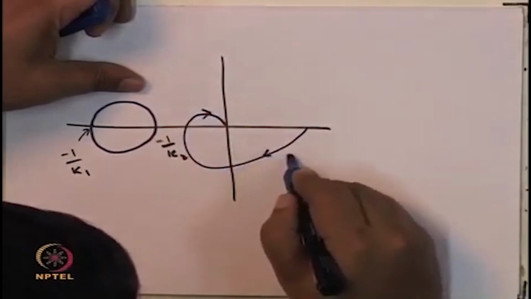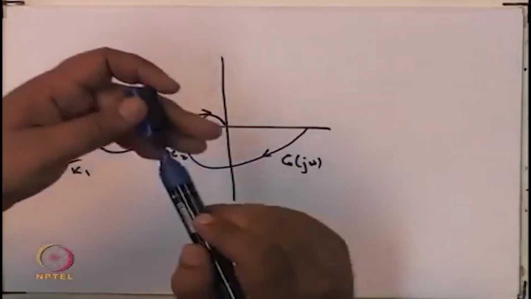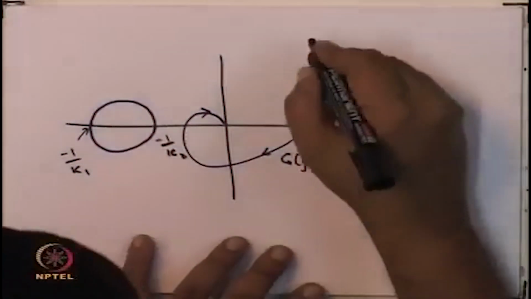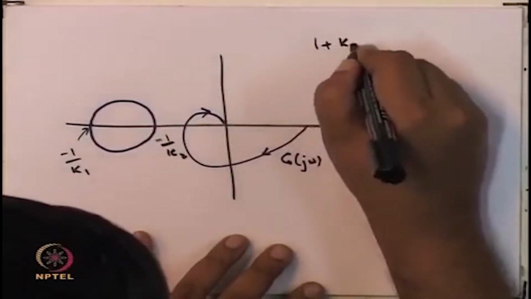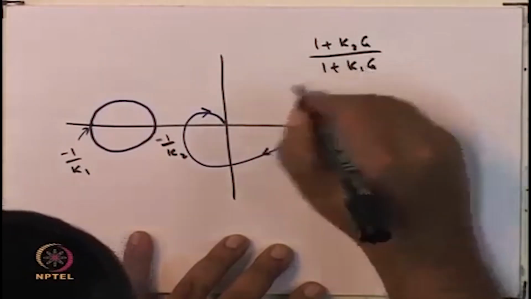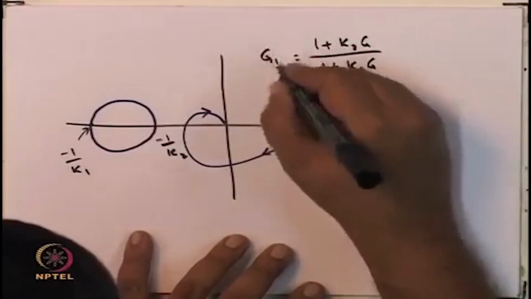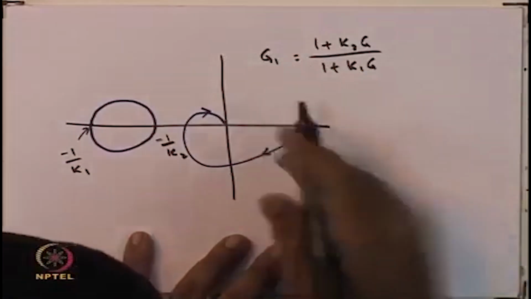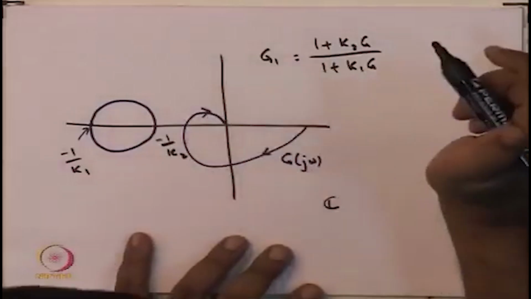So, G(j omega). Of course, this G(j omega) does not enter into the circle, and therefore, when you transform G(j omega) into (1 plus k2 G) upon (1 plus k1 G), let me call it G1. So, if you draw G1(j omega), then that will lie completely in the right half of the complex plane.